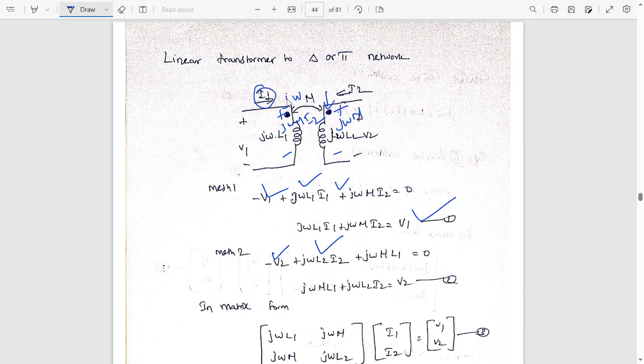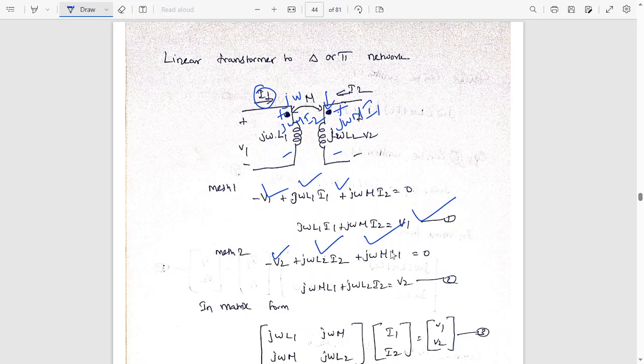Due to the current I1 entering coil 1, there is an induced voltage at coil 2. Which current is inducing the voltage? That current I need to consider. I1 is inducing the voltage, so I1 is considered here: j omega M I1. If I check the direction of the current I2, I2 is entering positive and leaving negative, so we get plus j omega M I1 equal to 0.